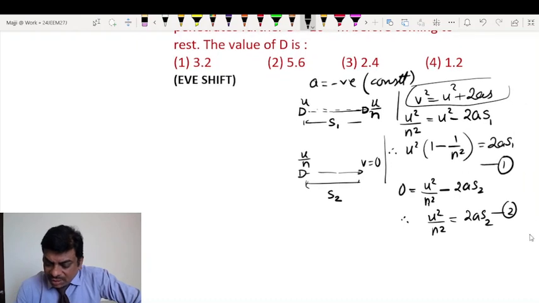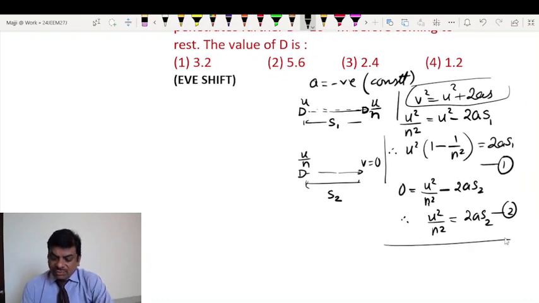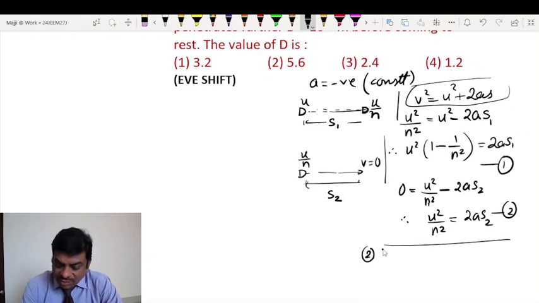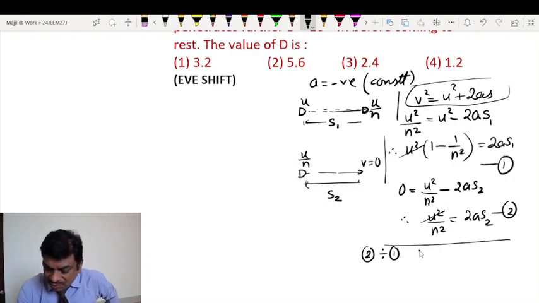Okay. Since we require s2, we are going to divide equation 2 by 1. So u square gets cancelled here, and even 2a gets cancelled. So we have 1 upon n square minus 1 is equal to s2 by s1. Therefore s2 is equal to s1 by n square minus 1.